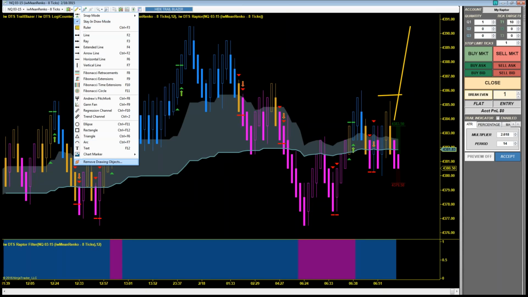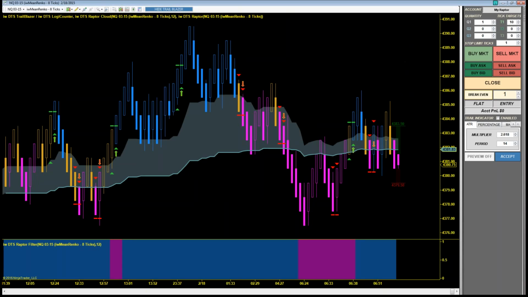I can park my order there, and if the market continues higher and the bar prints, I've already got my order waiting, rather than fumbling to get my order in place just in case the market goes boom like that and leaves me behind. So a lot of these things have been done so that you can pre-plan what's going on and take advantage of the signal when it finally prints.